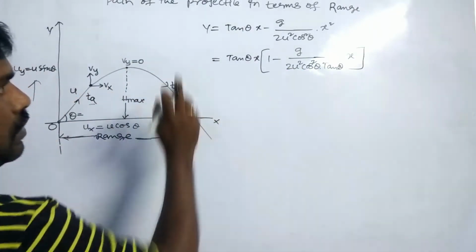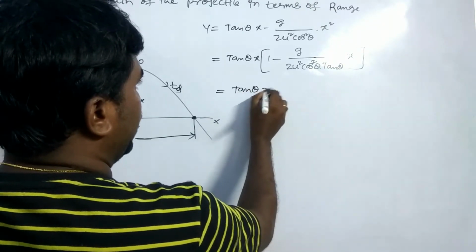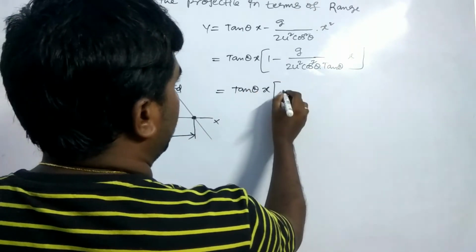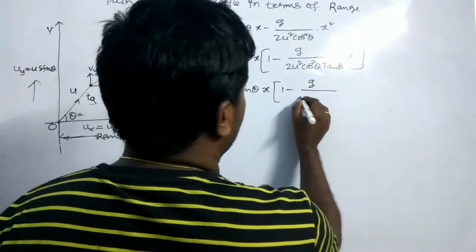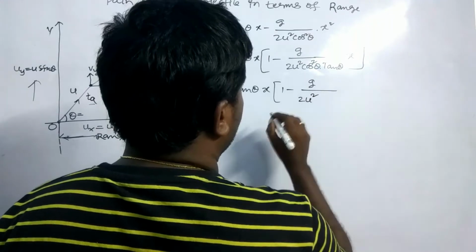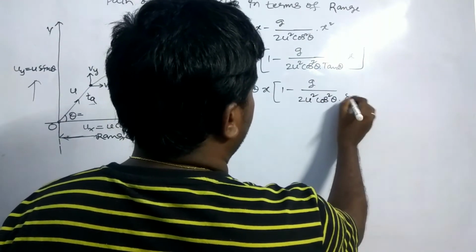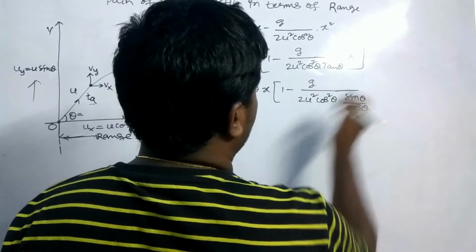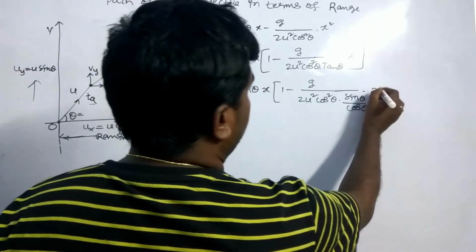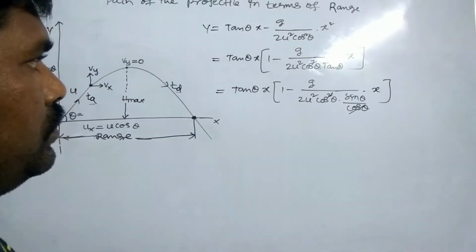Let's write this as tan theta into x times 1 minus g by 2u square cos square theta into sin theta by cos theta, into x, where cos theta and cos square theta cancel out.